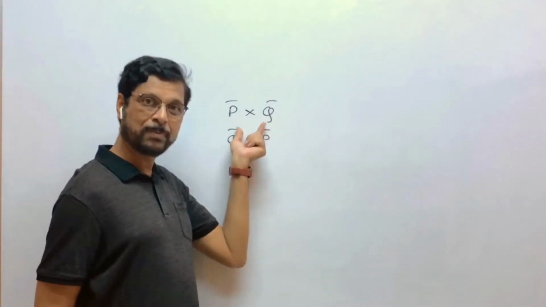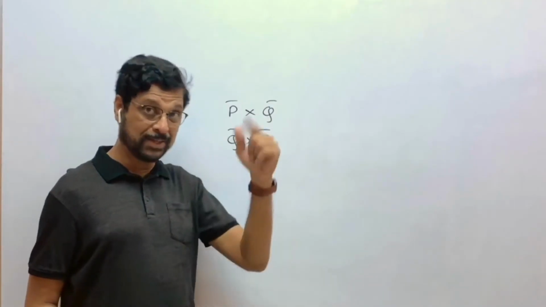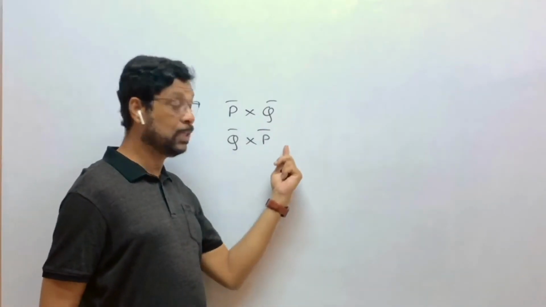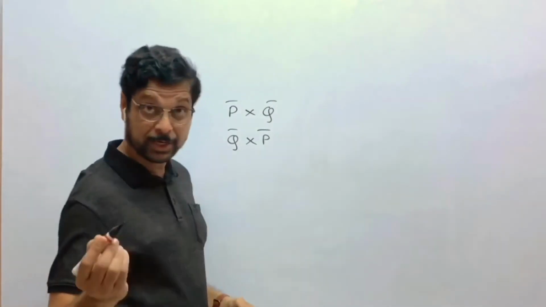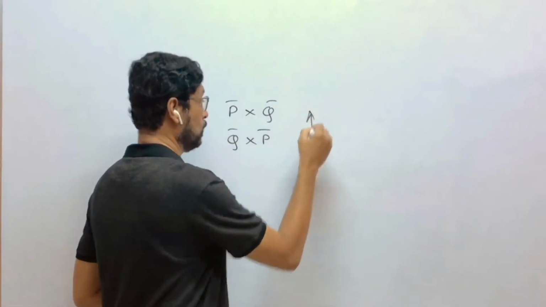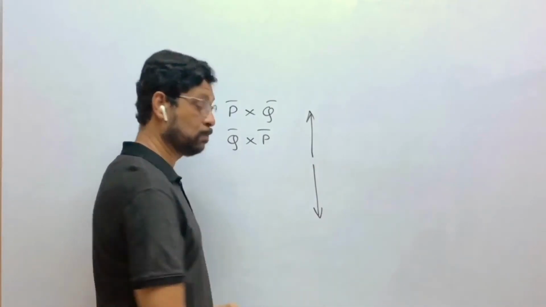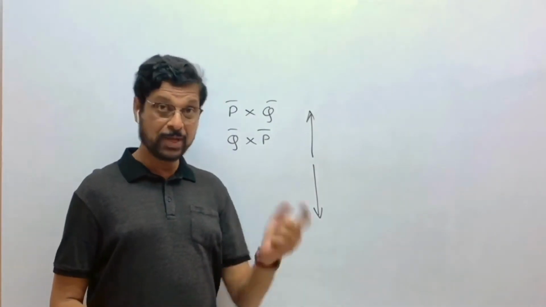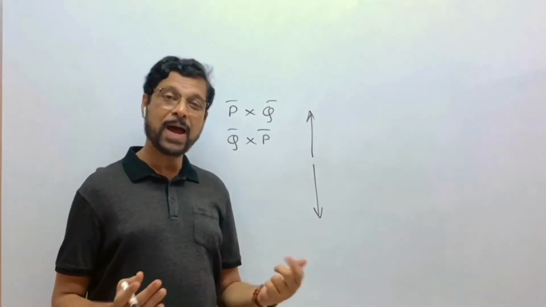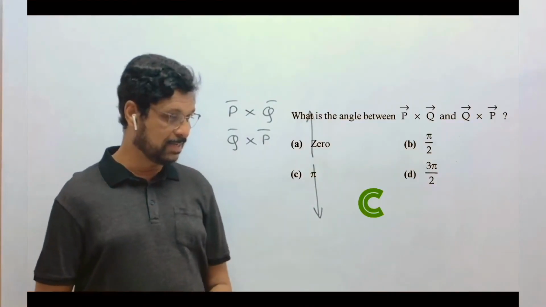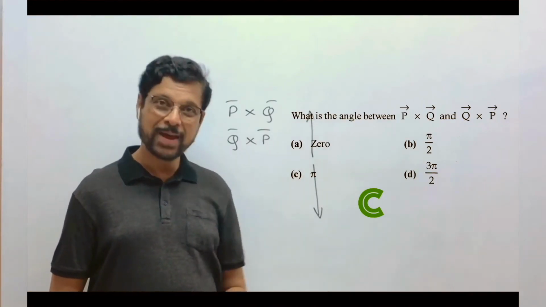P cross Q and Q cross P, we have seen in the theory, they are in the opposite directions by right-handed screw rule. अगर P cross Q इधर है ऊपर, तो Q cross P रहेगा downwards. So they are in the opposite directions. So what is the angle between them? Pi. So your answer is C, pi.